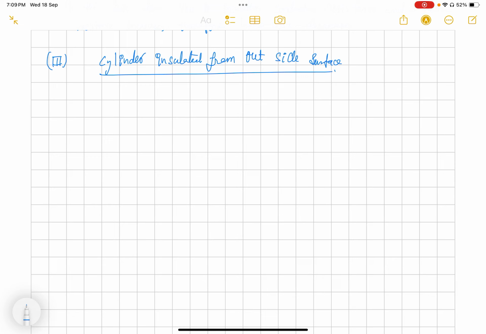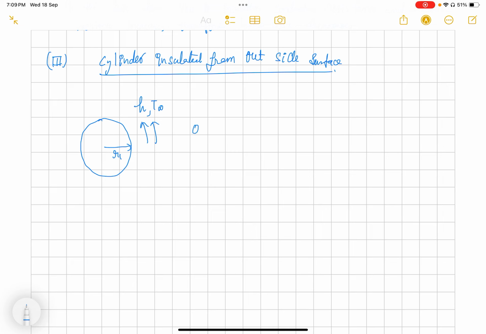So let's say this is a pipe and we want to reduce the heat loss, and its radius is R1. Outside is some fluid, because convection is occurring at T infinity, and h is the heat transfer coefficient.